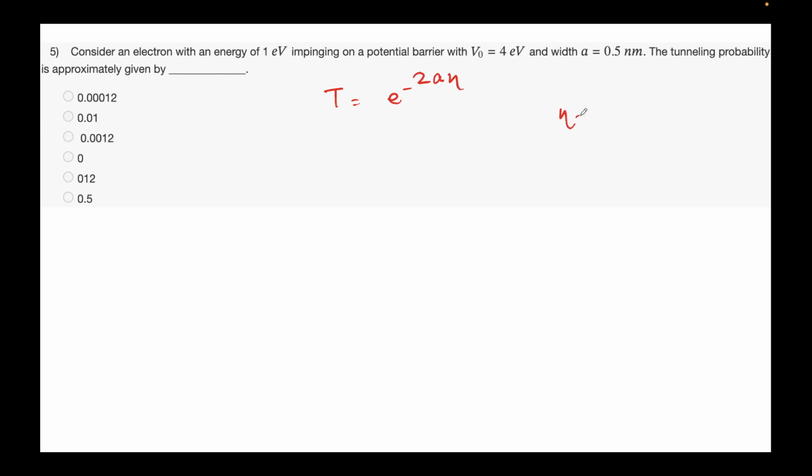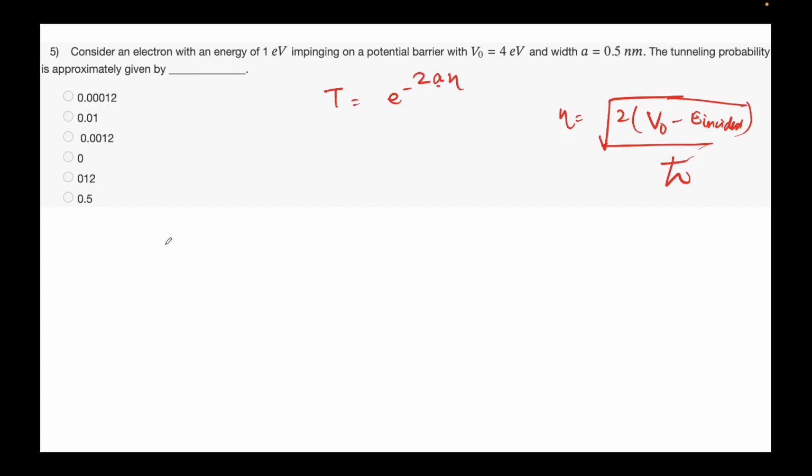That eta is calculated as the square root of 2m times the height of the barrier V0 minus the incident energy E incident, over h cut. Actually this whole term gives the probability, and you can calculate this, that's not a problem. Mathematics is fine. You can put in the formula and calculate the answer.